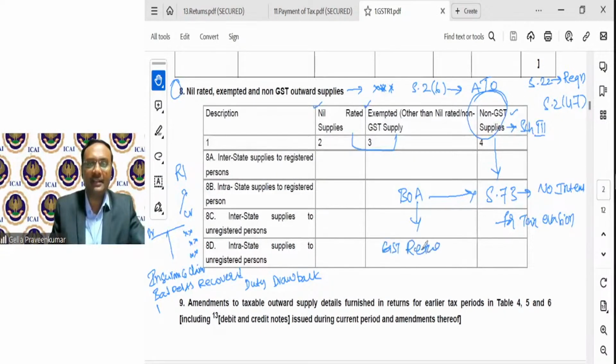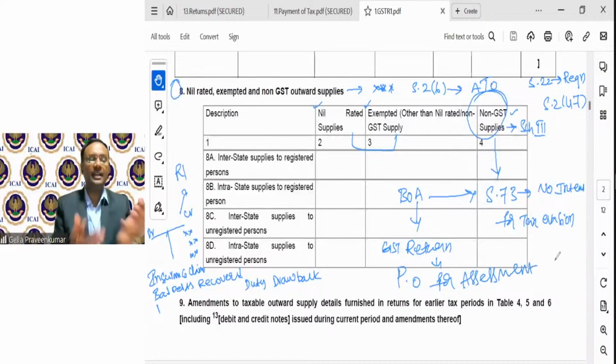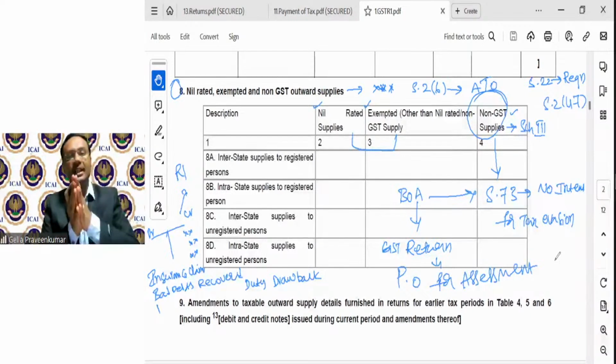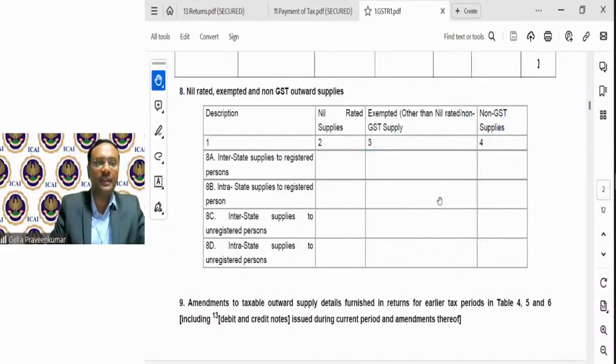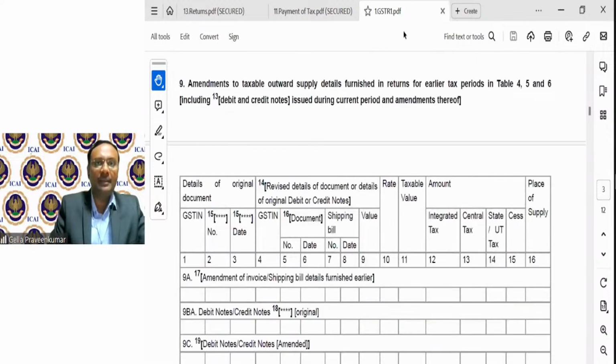This GST return is the data which is available to the proper officer for assessment. So we are making our ground very clear that I will not leave an officer to come to a conclusion that there is an intention to evade payment of tax. For that reason, all your miscellaneous income which is there in your P&L, please use this table number 8 for the purpose of disclosure.